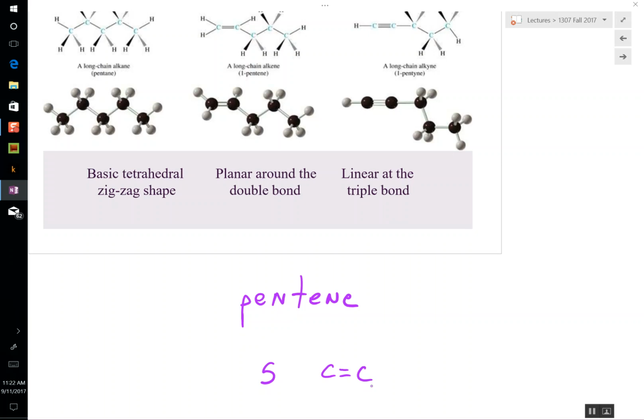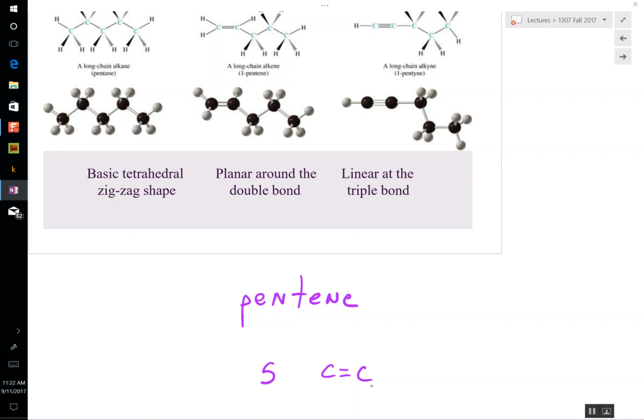This molecule is pentene. You see that? That molecule's pentene. 1, 2, 3, 4, 5. Pentene. But it's not that pentene, is it?